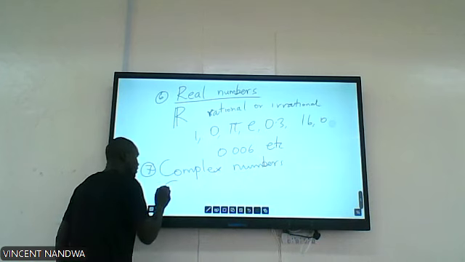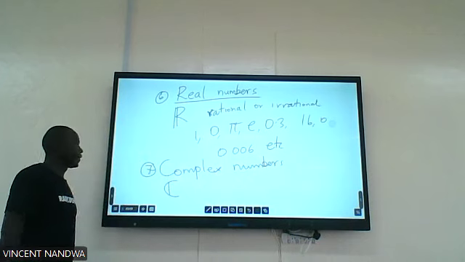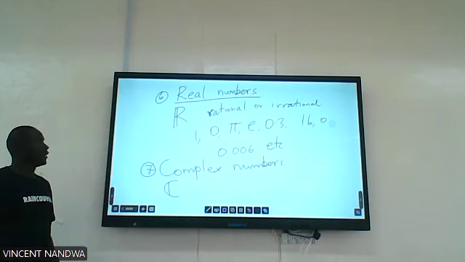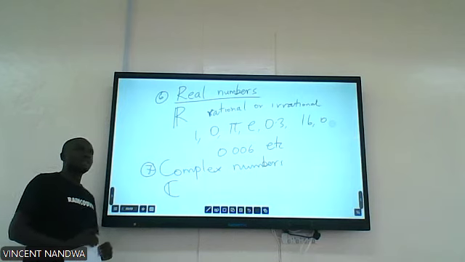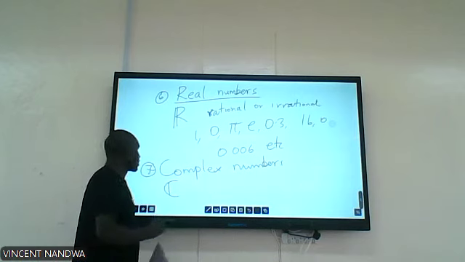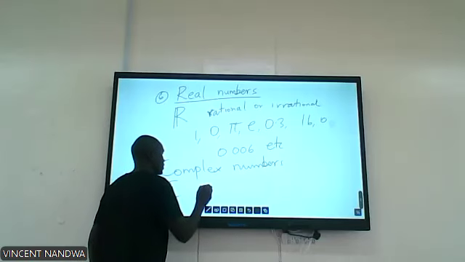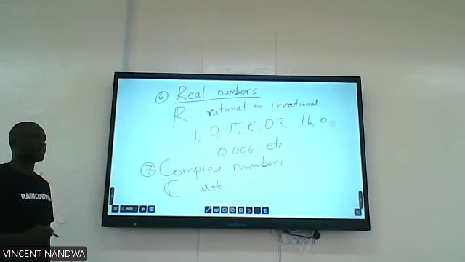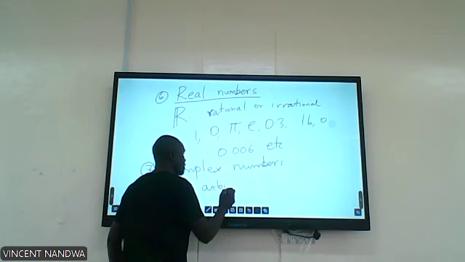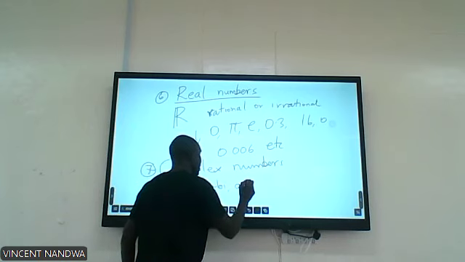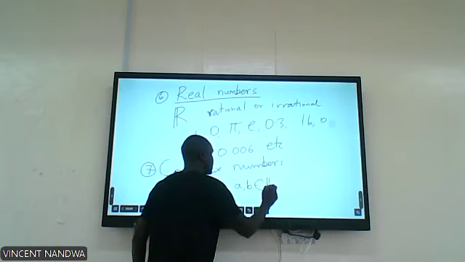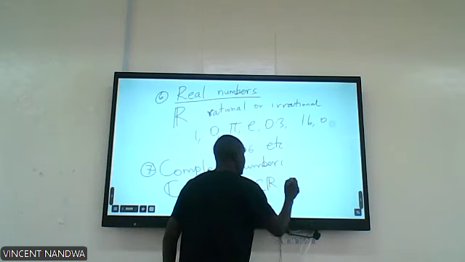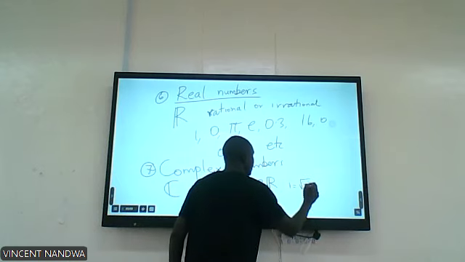So complex numbers we abbreviate by bold C. Complex numbers are numbers which can be written in the form a plus bi, where a and b are real numbers, and i means square root of -1.